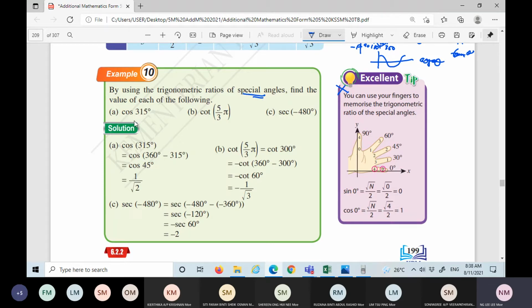First we start with cos 315. 315, you got to relate it with your method 3, which is the reference angle. So 315 falls in quadrant 4. Quadrant 4, you have to check the sign. Because this is not given.